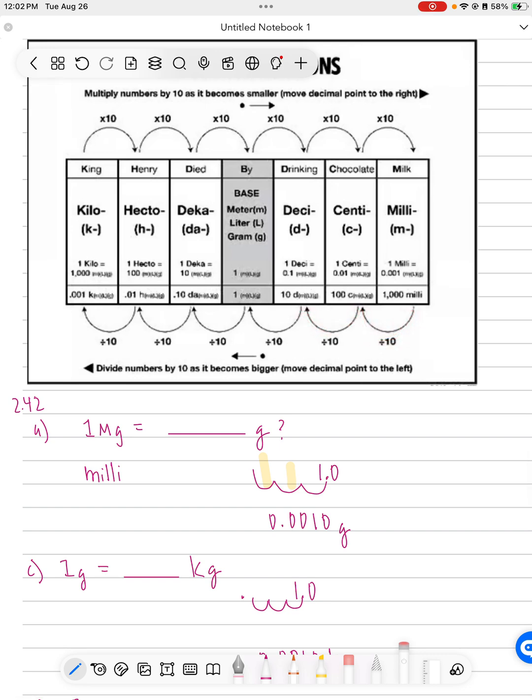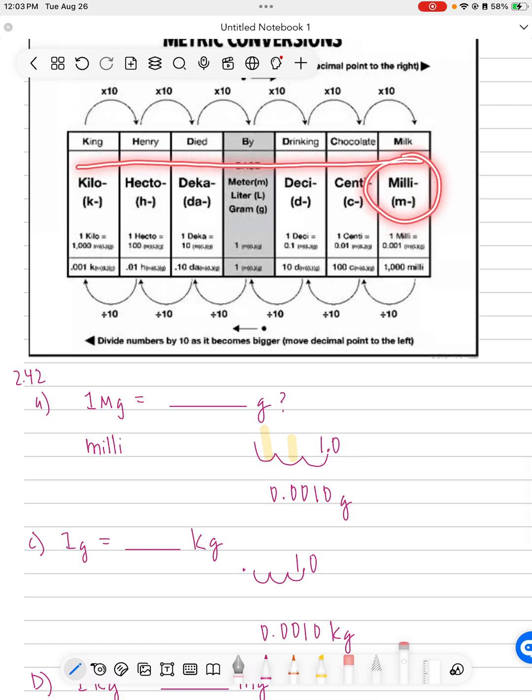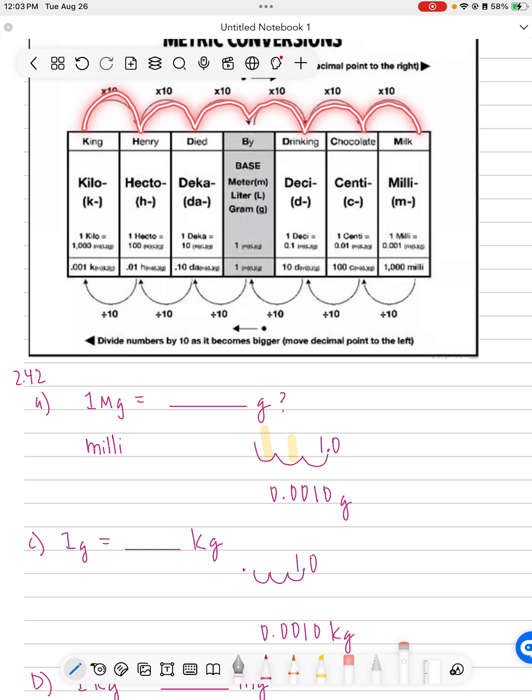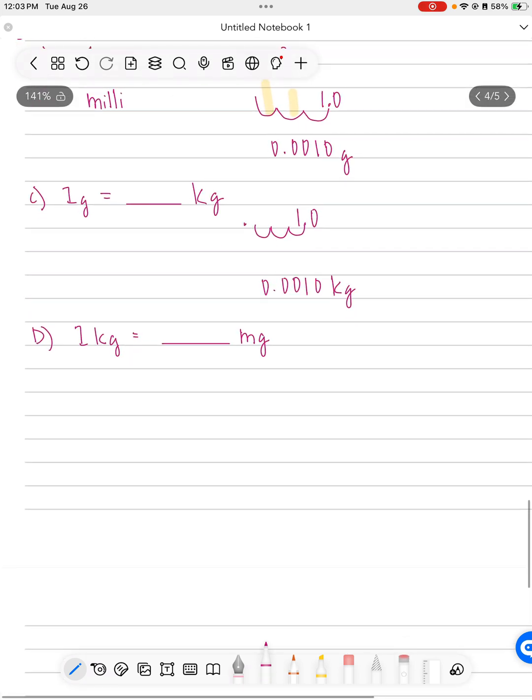Well, now we're going to go to the right because we want milligrams. So we're going from kilograms to milligrams. Our decimal is going to go to the right. So we go from kilograms, 1, 2, 3, 4, 5, 6 to get to milligrams. We're going to move that decimal 6 times.